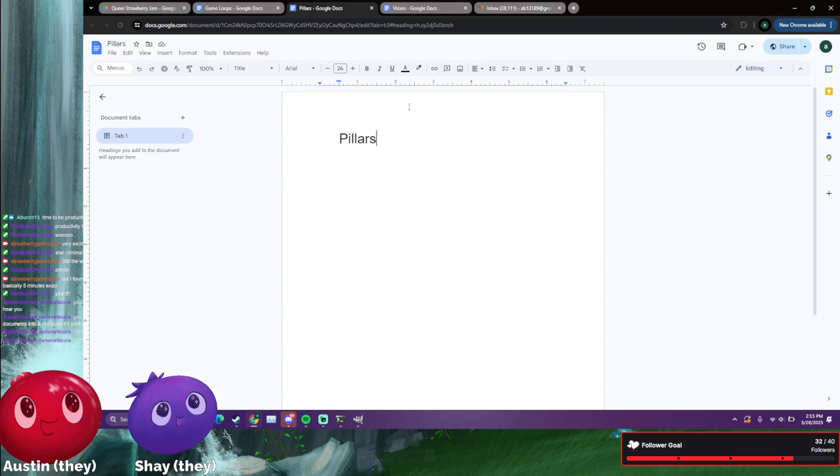Like, gain 1 gold for every 5 cards in your deck or something like that. It allows you to design and balance your game and your game flow so that it supports this pillar of your deck being your empire, wanting a bigger empire, wanting a bigger deck, even though that is not something that you would typically do in a deck builder game design. So I think that's a cool balancing act.